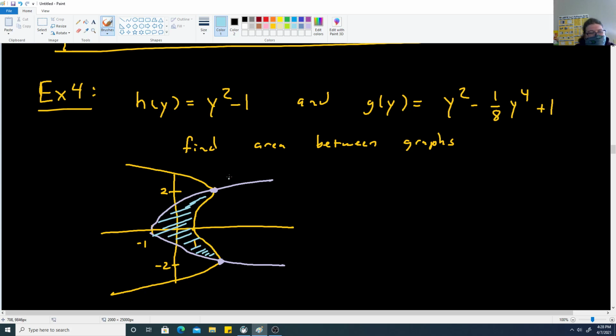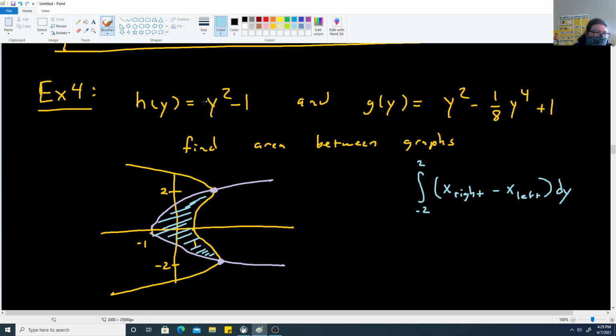So I need to identify who's the left function and who's the right function. Our integral is going to start down here at -2, and we're going to integrate all the way up to +2. So we're going to have the integral from -2 up to 2 of the right-hand function minus the left-hand function dy.